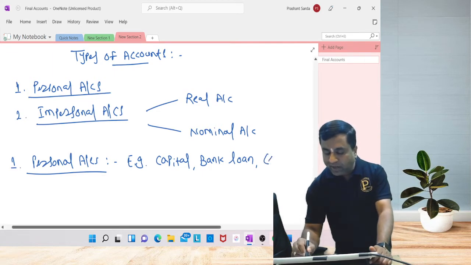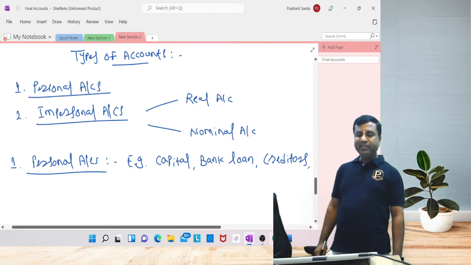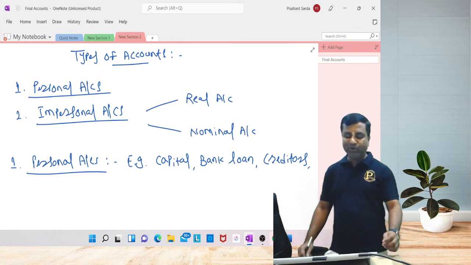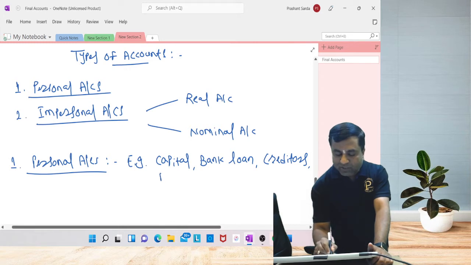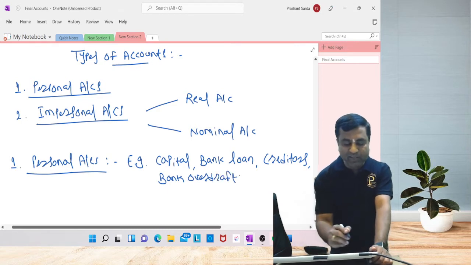So bank loan. Along with that, you can see that creditors, the suppliers from whom you have bought raw material on credit basis as a business and you are supposed to pay to them. So creditor is also one of the liability for the business. At the same time, it is a personal account. Along with that, you can see the short-term loan, that is called as bank overdraft. What is bank overdraft? You are withdrawing excess amount from your bank account apart from what you are having, is called as bank overdraft.